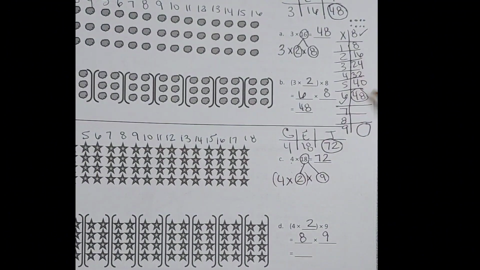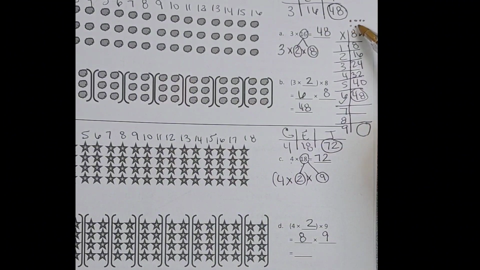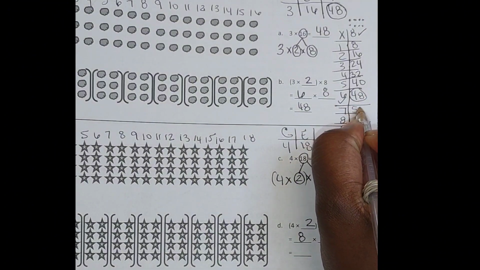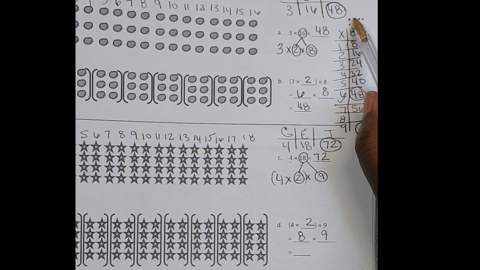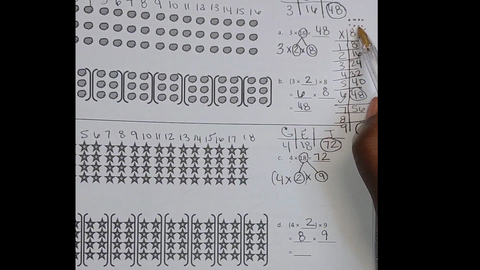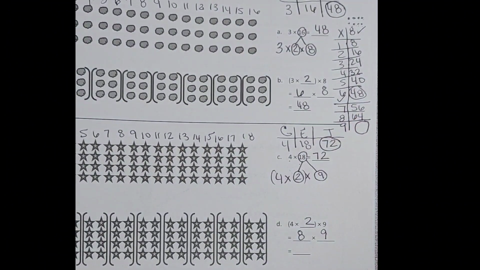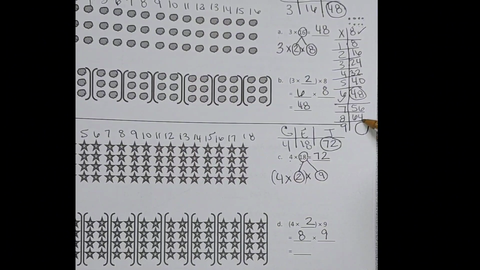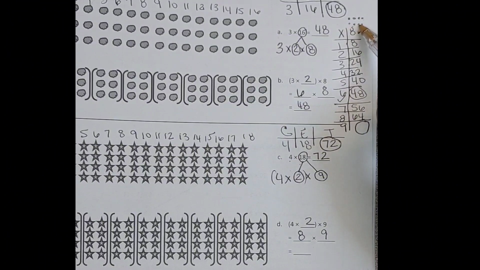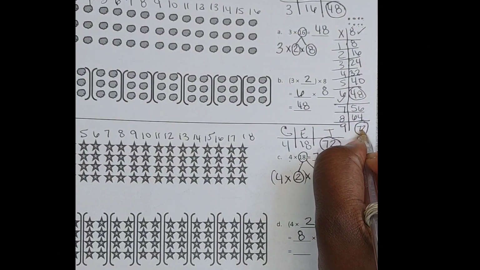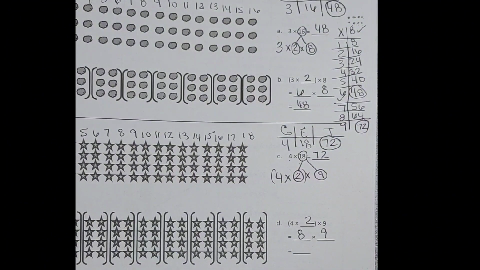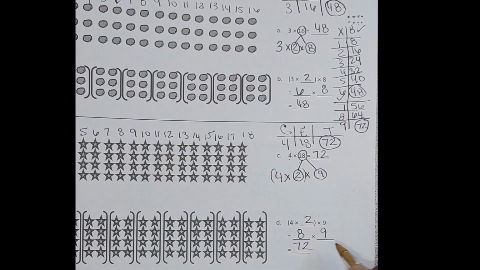Let's go. 48, going to use my counters. 48, 49, 50, 51, 52, 53, 54, 55, 56, 57, 58, 59, 60, 61, 62, 63, 64, 65, 66, 67, 68, 69, 70, 71, 72. 8 times 9 is 72.